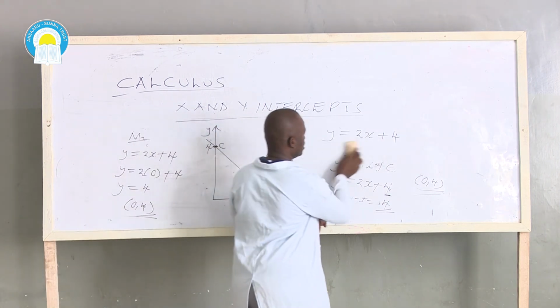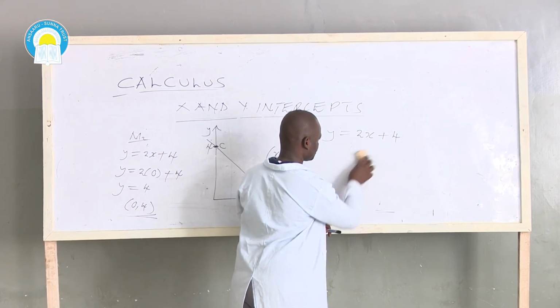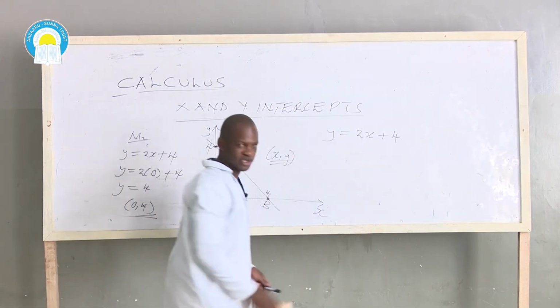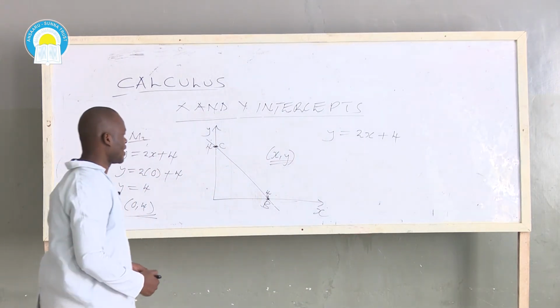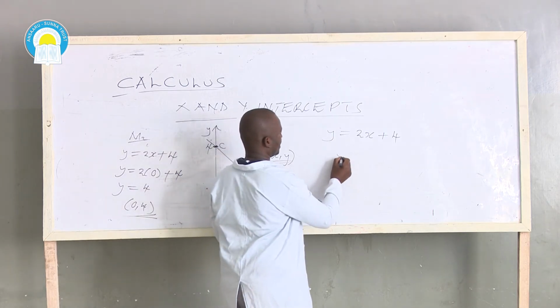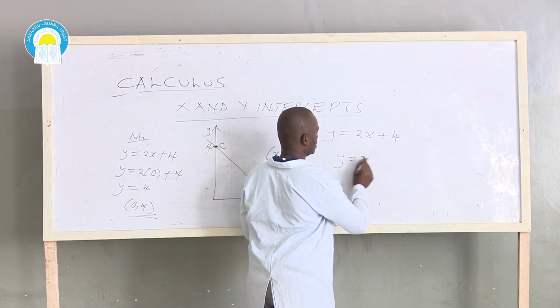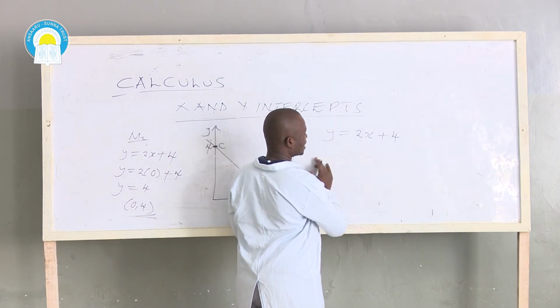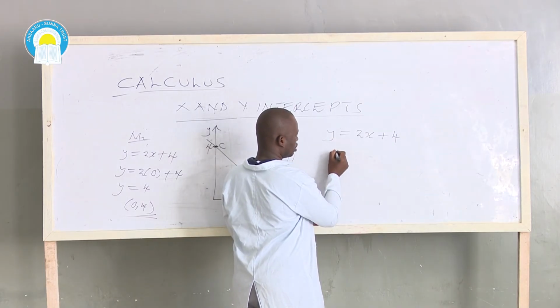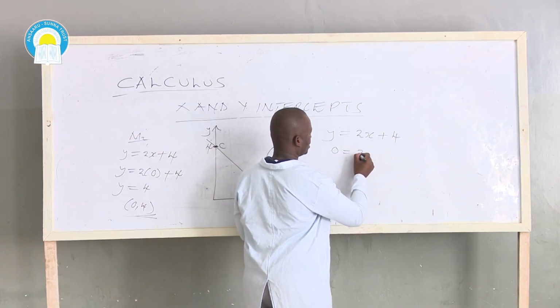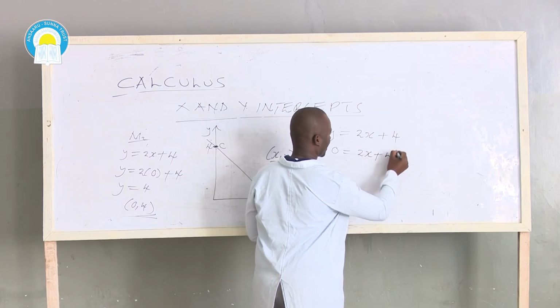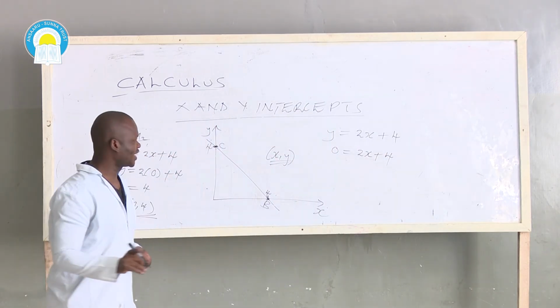We have our equation, which is already there. So we just put 0 where we have y. Then solve for x.